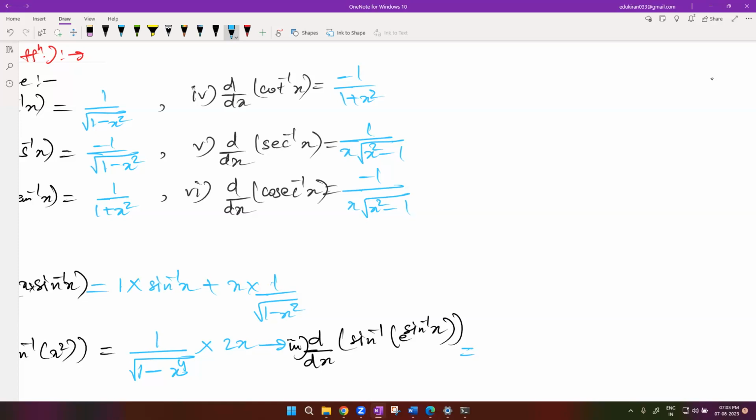We just have to replace x with e to the power sine inverse x in that function. And the answer is correct, right? Good, very good.